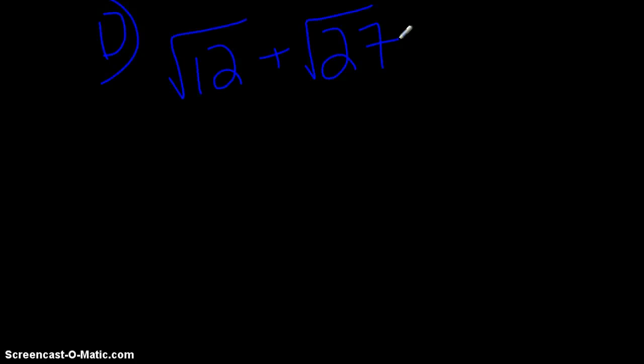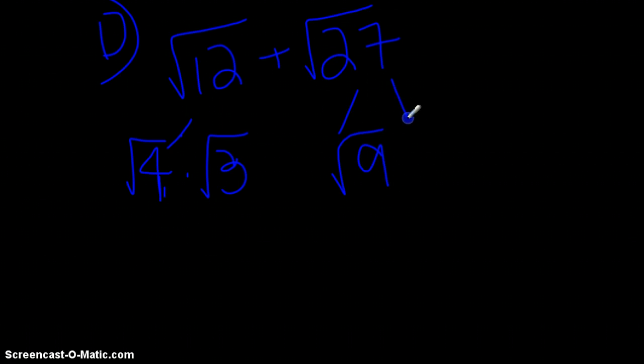So remember, to have these simplified, you need to pull out the perfect square that goes into both of them. So what perfect square goes into 12? Well, that's going to be root 4 times root 3. Now what perfect square goes into 27? Good. Root 9 times root 3.